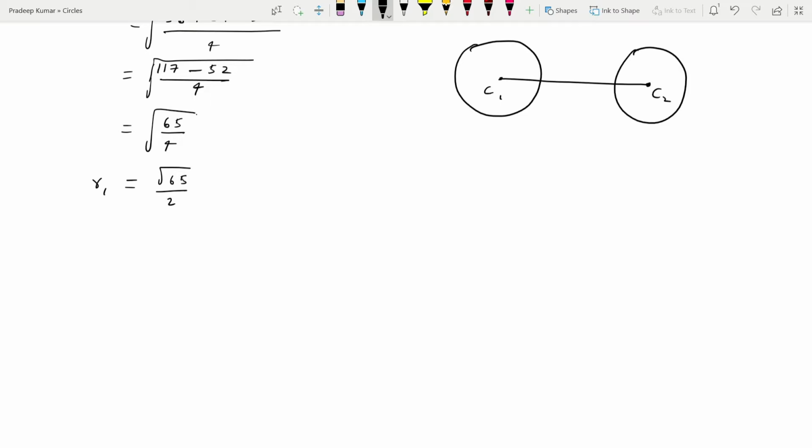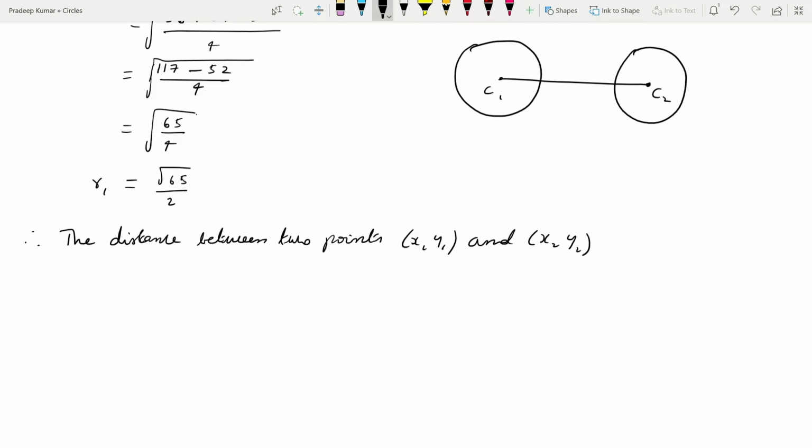Alright, so I can write here, therefore the distance between 2 points, that is x1 y1 and x2 y2, what was the formula? That is x2 minus x1 whole square plus y2 minus y1 whole square under root. So this is the formula.